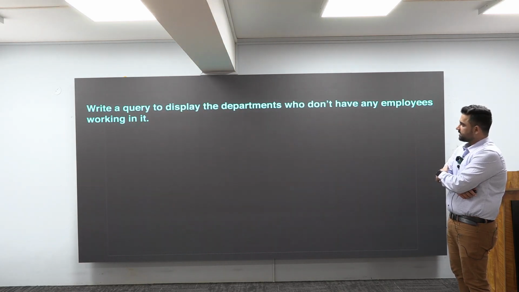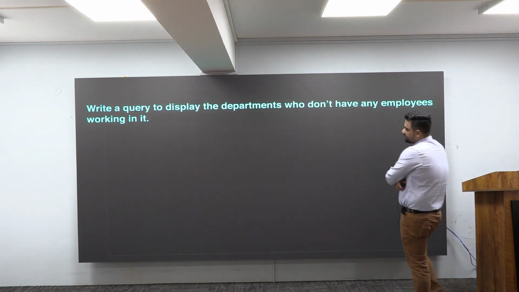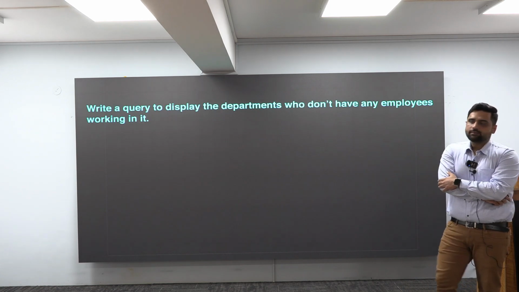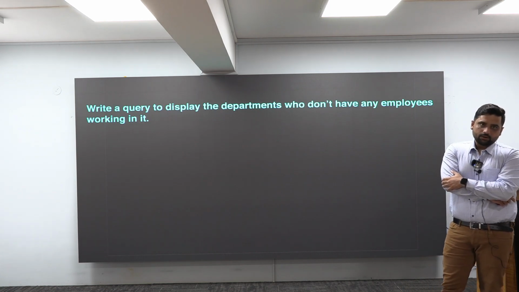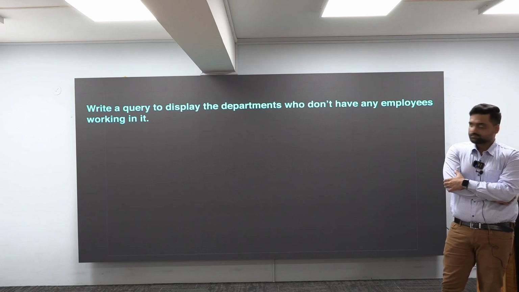Write a query to display the departments who don't have any employees working in it. This question also we have solved. So for this question, our subquery, how many rows has it returned? For this query, multiple rows it has returned.